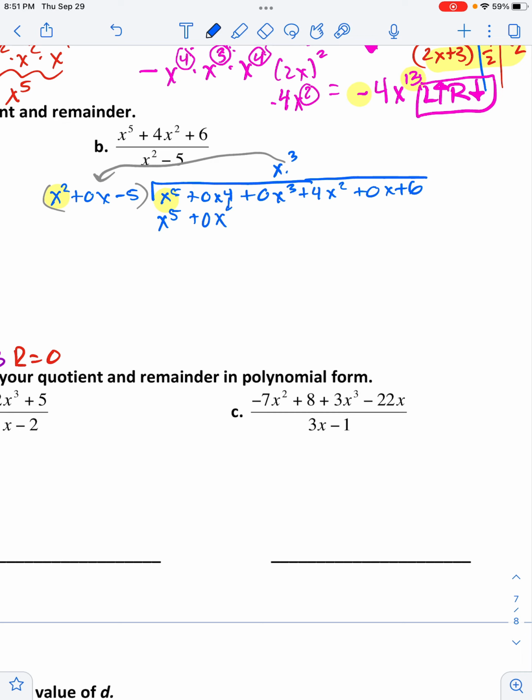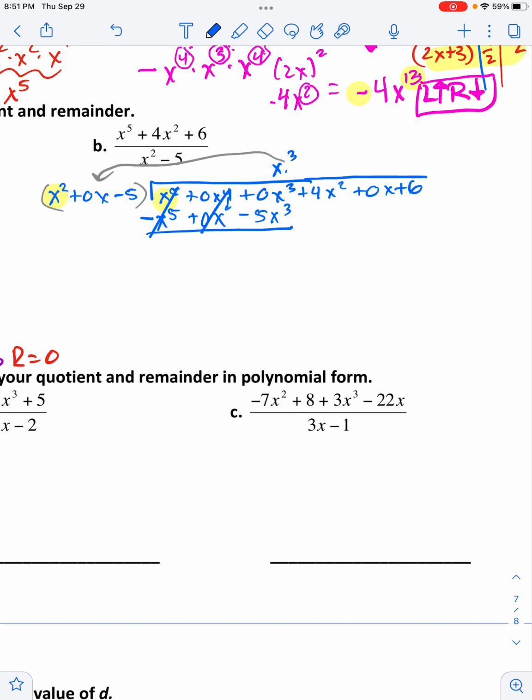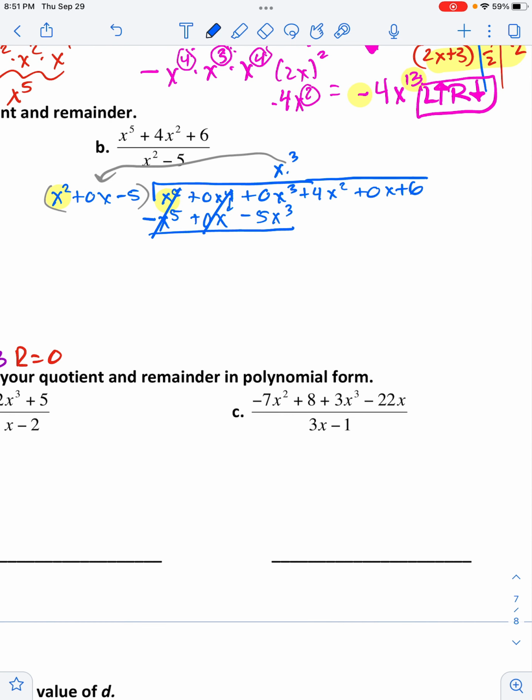And then minus 5x cubes coming through here. When I do x to the 5th minus x to the 5th, it's gone. 0 plus or minus 0 doesn't matter. But this next one, 0x to the 3rds minus 5, you're doing minus a negative because you're subtracting that bottom row and it becomes a positive.